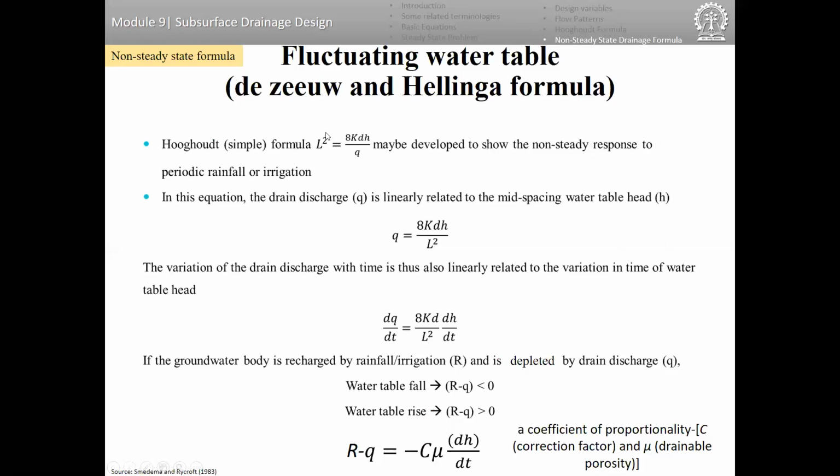And we have written the expression for that, L square is equal to. Since we are talking about the fluctuating flow or unsteady behavior, we are mostly talking about essentially the horizontal flow. So from Hooghoudt actually, we have seen this simple formula, L square is equal to 8k dh by q.